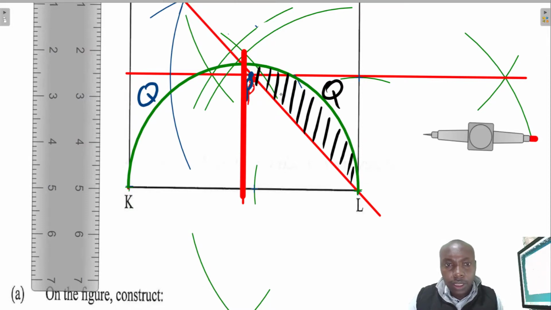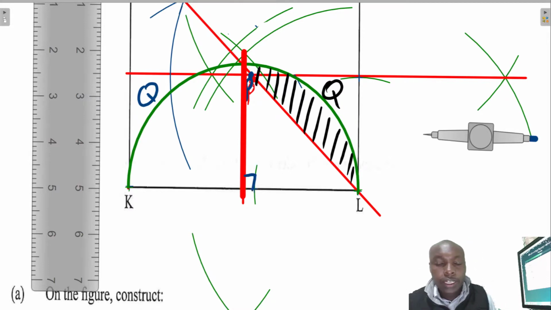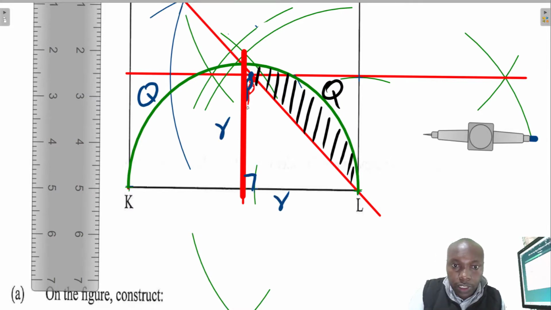That is a sector, and you notice that at this point this angle is 90 degrees. You can see the shaded region is forming a sector. This is the radius and this is the radius.